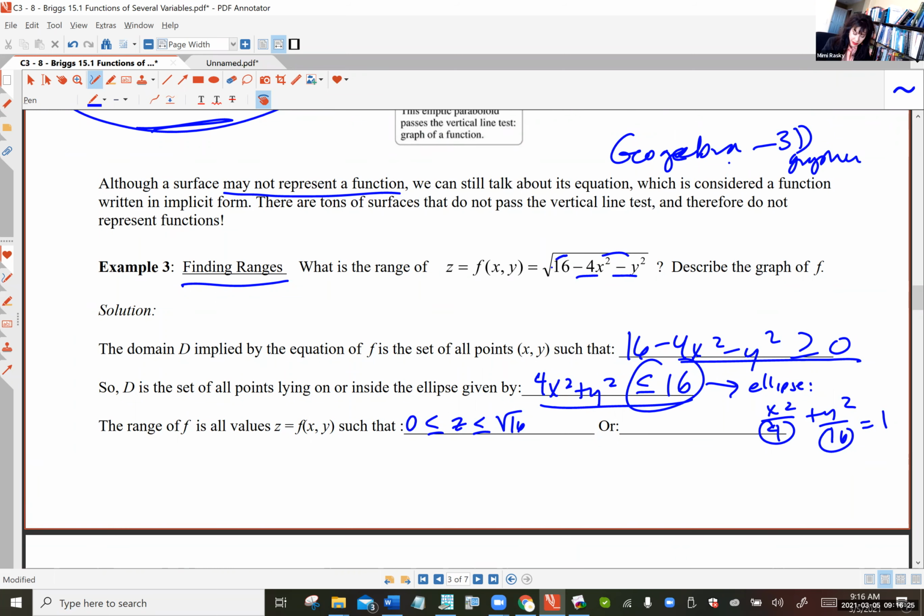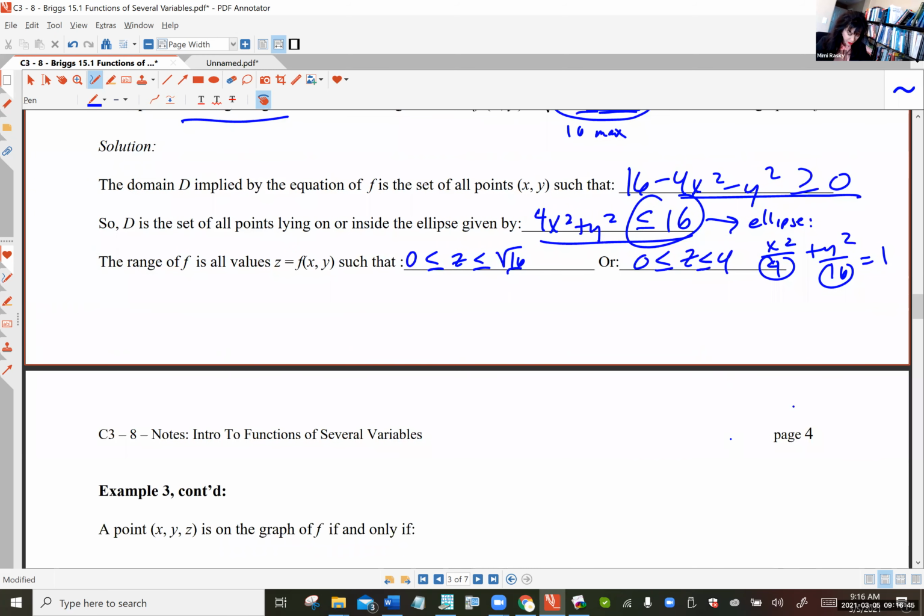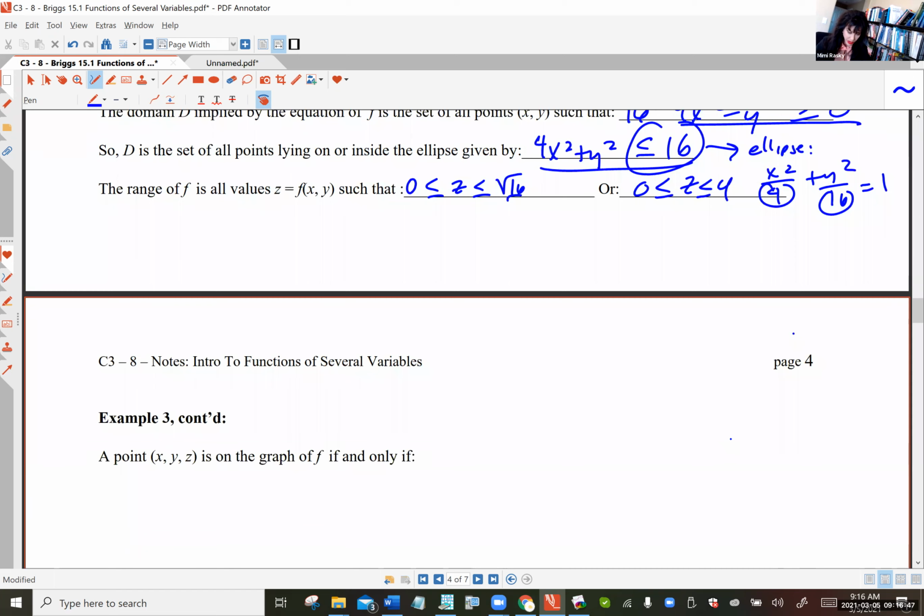To make this number the biggest it can, you don't want anything subtracted. So 16 is the max you can get under the radical. That would be the square root of 16, so z will go the full range between 0 and 4. And that's pretty much the answer. That is the range, or all the possible outputs for this function. So you're pretty much done there.